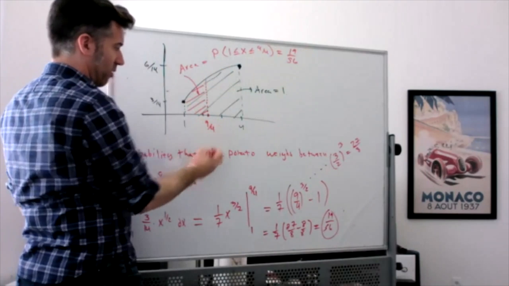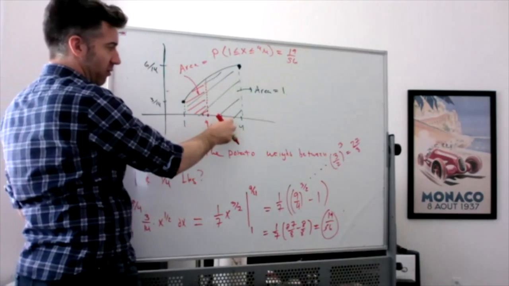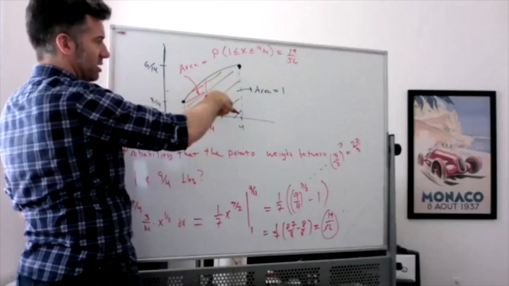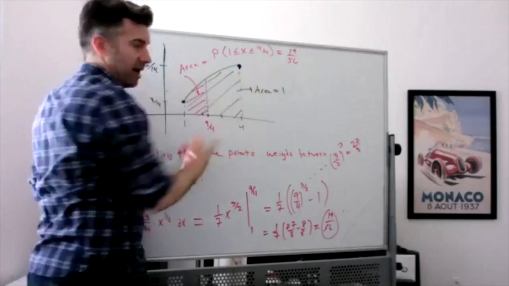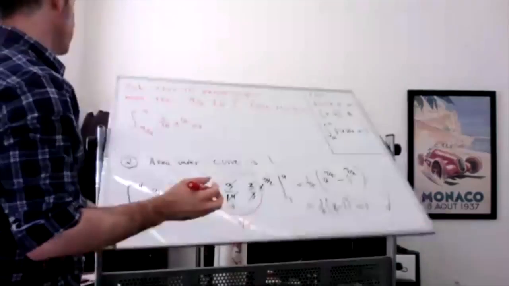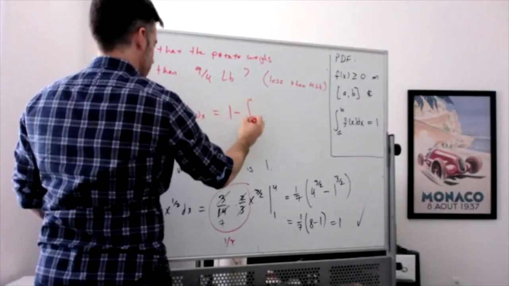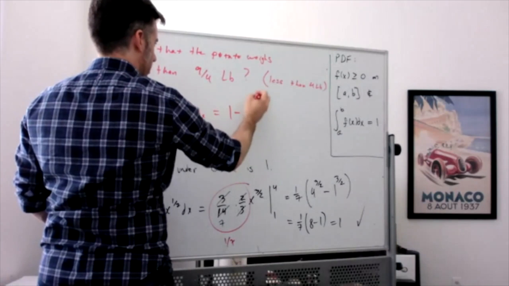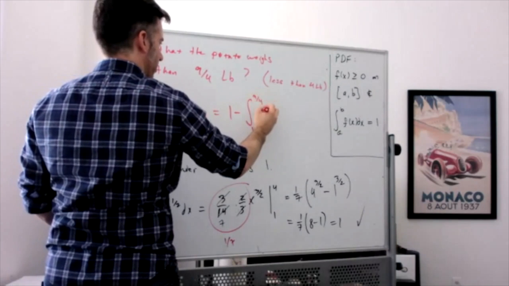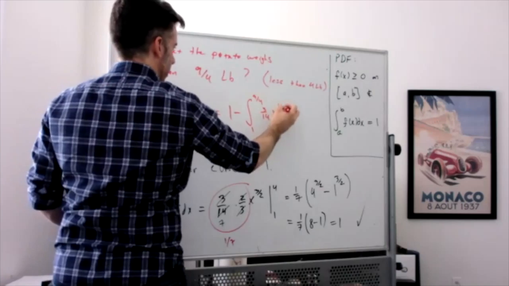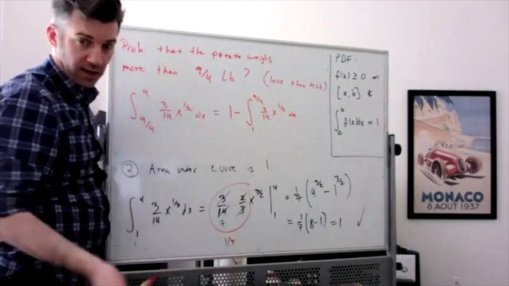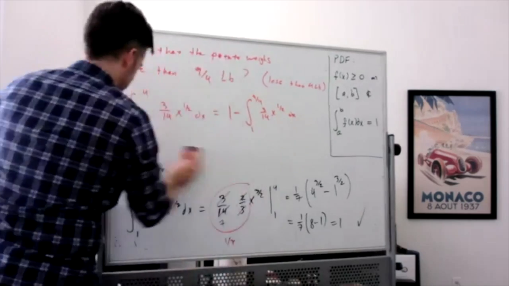If I'm trying to find the probability of being between 9/4 and 4 pounds, I can say, oh, well, this area is just 1 minus that area. So that's going to be equal to 1 minus the integral from 1 to 9/4 of 3/14 x to the 1/2, which we already calculated.